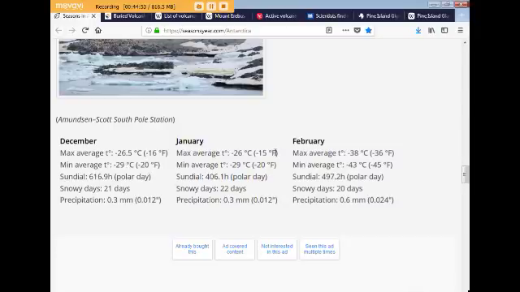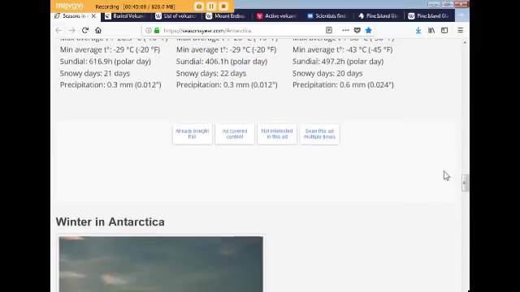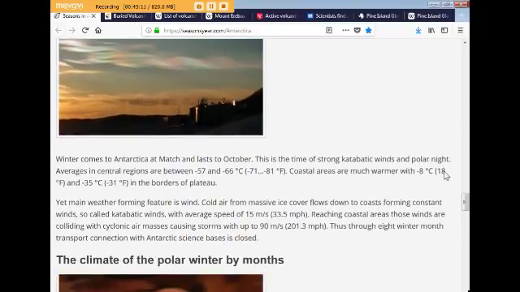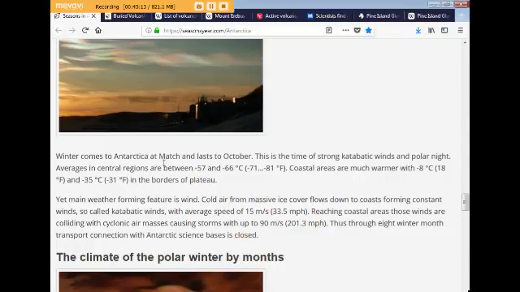December, you can see for yourself. January and February, even during those days, the temperature is still way below zero. It's way below. And then winter, I think this is not correct.